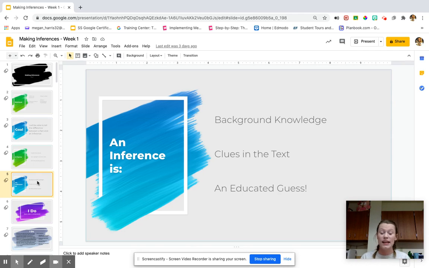My memories, my experiences, okay? Anything that I've read, seen on TV, all of those things are my background knowledge. Clues in the text are what the author has written for us. Okay, those words on the page, those are my text clues. And what I do is I look at a text clue and I think about, well, what do I know about what the author just said? And I can make a guess.